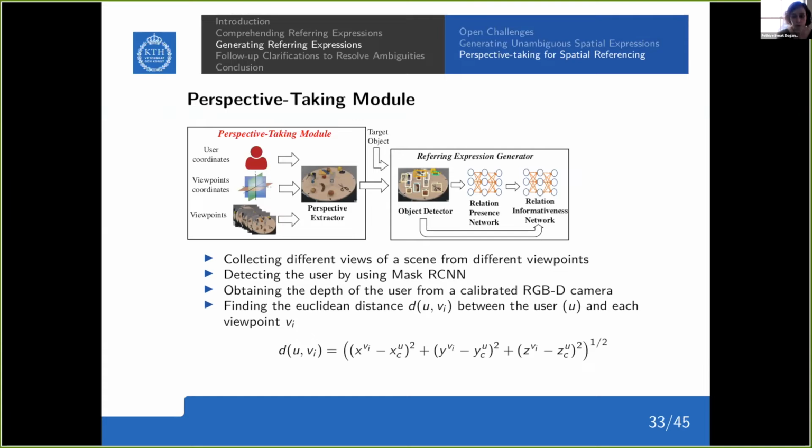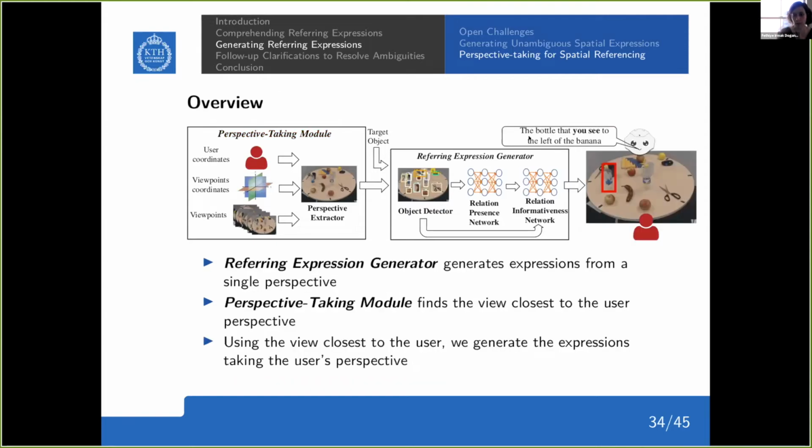Then we computed the Euclidean distance between the user and each of these viewpoints, and we select the viewpoint which is closest to the user as the view from the user's perspective. And we use this view to generate the referring expression from the user's perspective, as you see in here. In that case, the robot was generating expressions like the bottle that you see to the left of the banana.